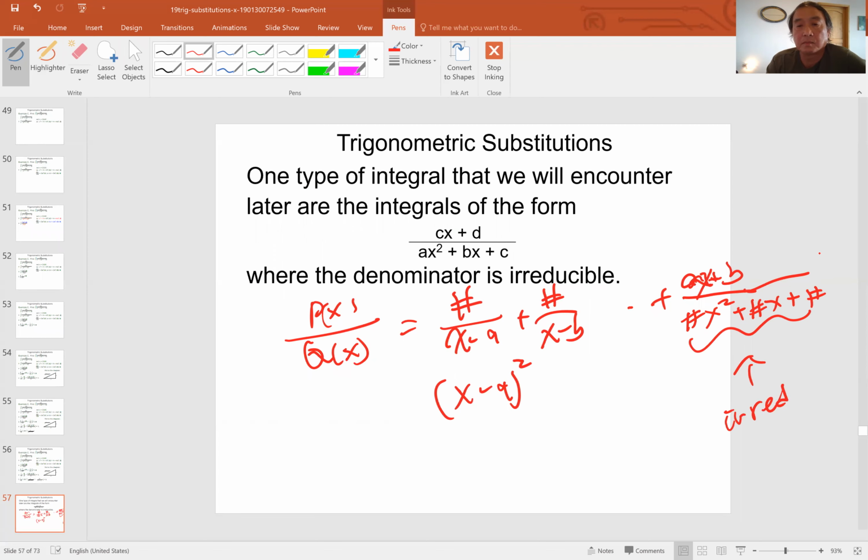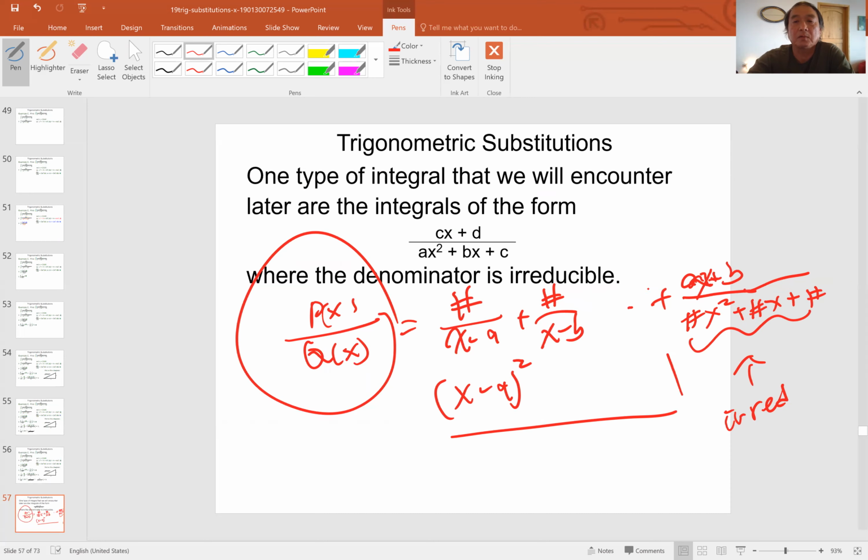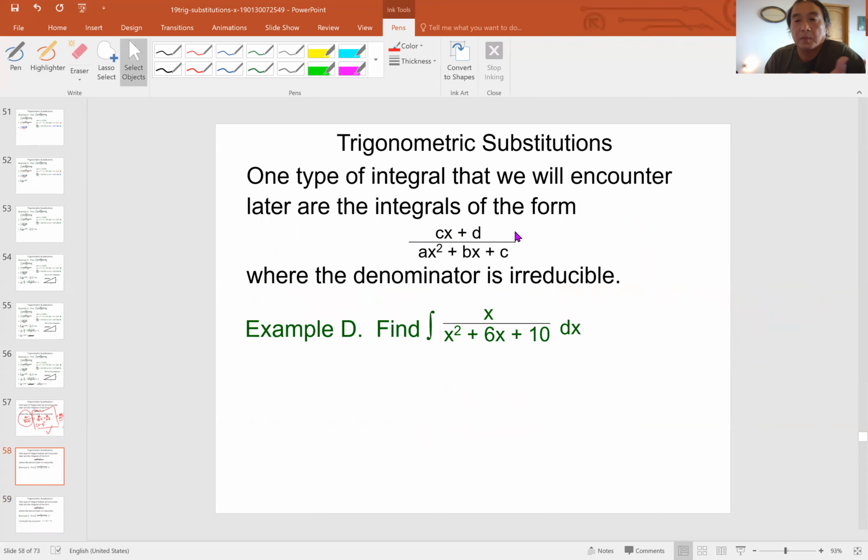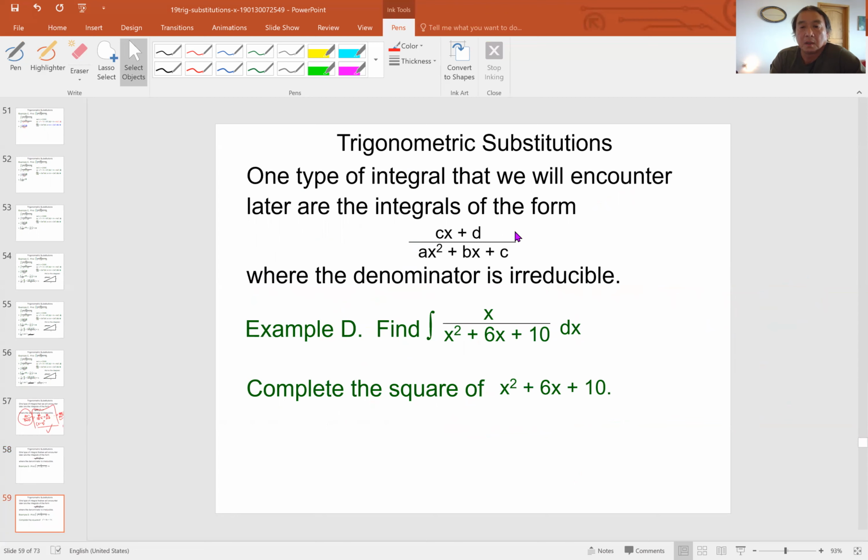So if I know how to integrate these, then I know how to integrate every fractional polynomial, because the front part we already did with how to integrate all these. Now we integrate the parts with the irreducible square at the bottom.